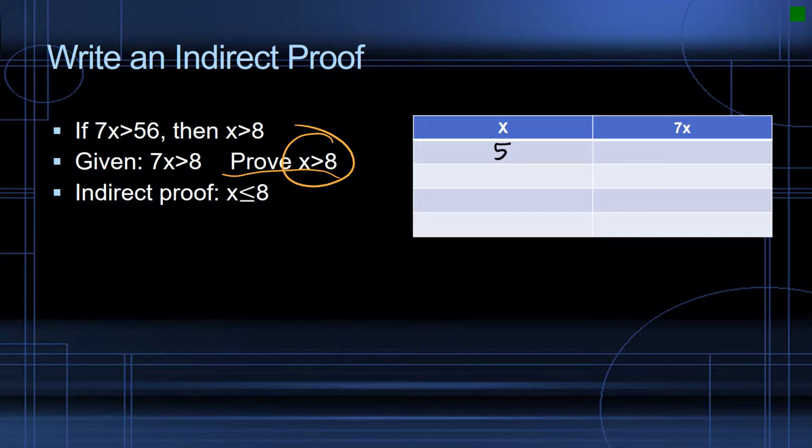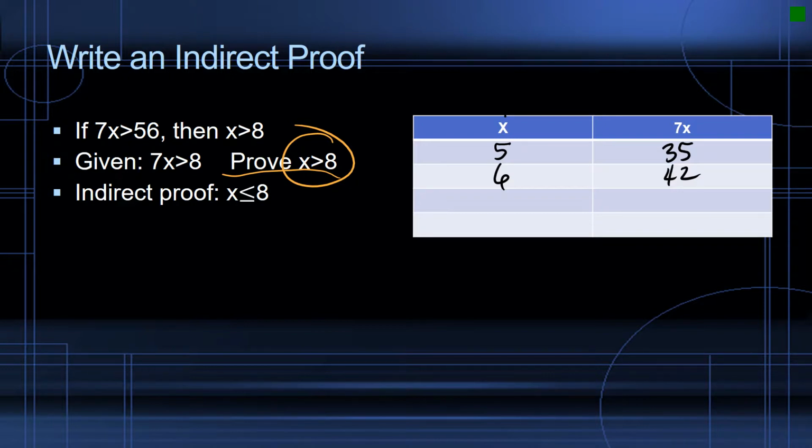Well, then 7 times 5 would be 35. But 35 is not greater than 56. It's less than 56. How about when x is 6? That's less than 8. So 7 times 6 is 42. Well, 42 is not greater than 56. It's less than 56.